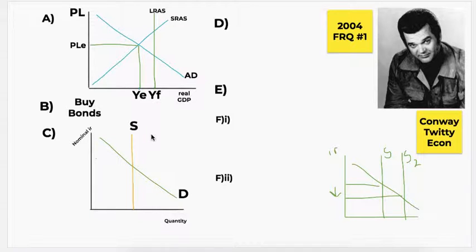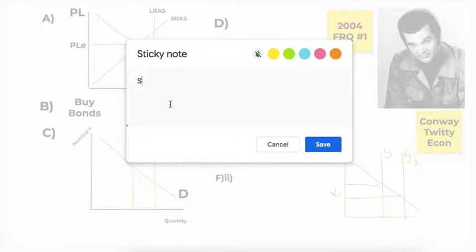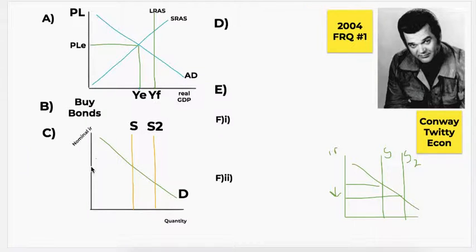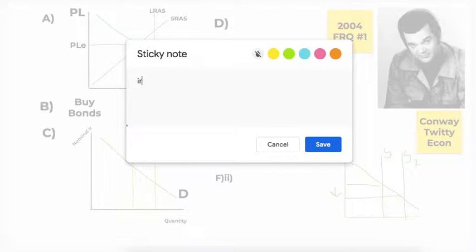Draw that there. Let's copy and paste this. Make it S2. And now we have to show it. Now this is what I was getting on everybody about earlier. Whenever you have to show it, you have to show it over here on the axis.